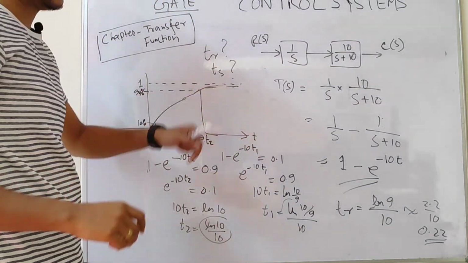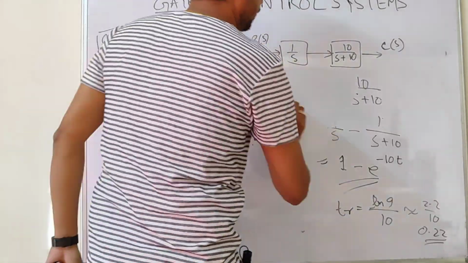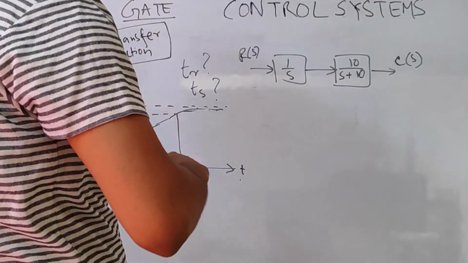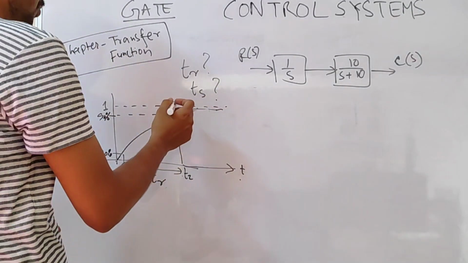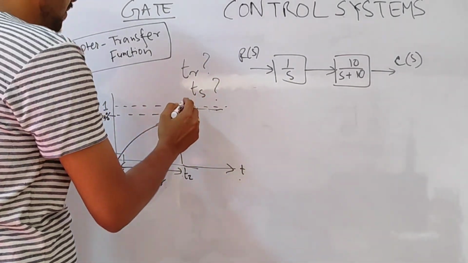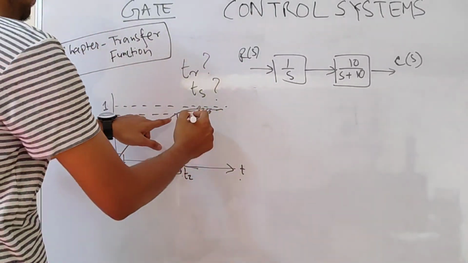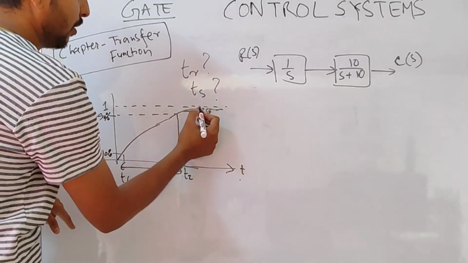Now let's find the settling time. What's the definition of settling time? Settling time here would be the time where it reaches within 2% of its max value. Basically, it reaches 98% of its max value.